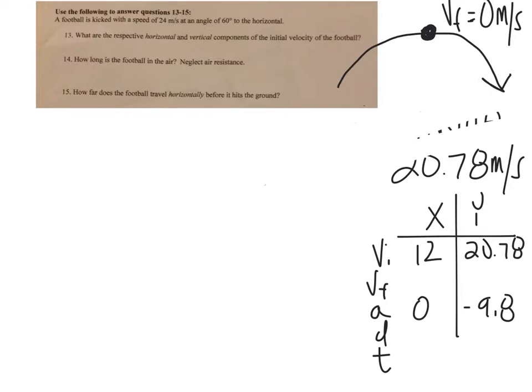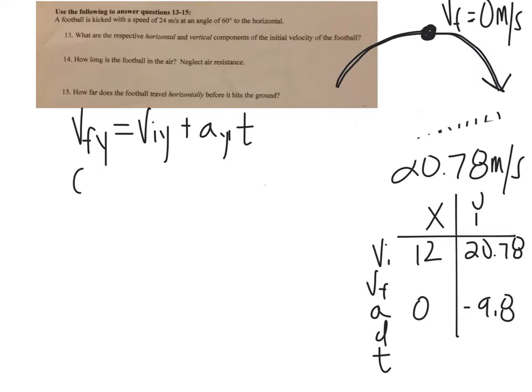So we can use that to find the time it takes to get to that point, and then we'll double it to get the rest of the way. So the formula we're going to use is the VF equals VI plus at formula. We're going to use vertical information, so I'm going to plug in the y's with it as well. All right, so we have 0 equals our VIY that we found, 20.78, plus negative 9.8 times time.